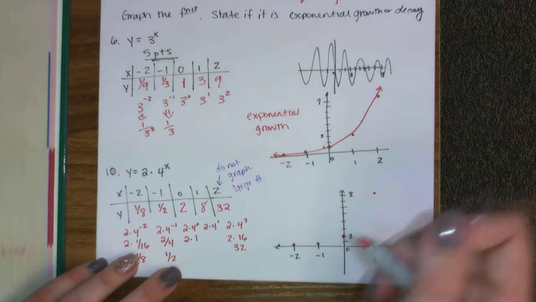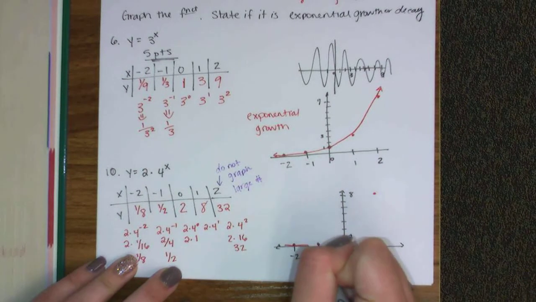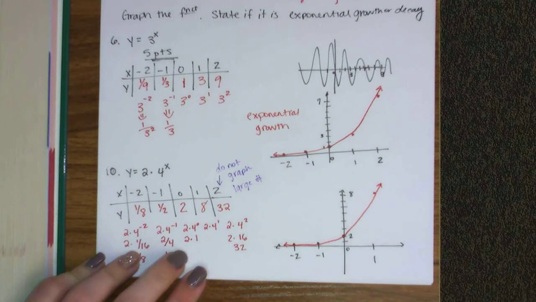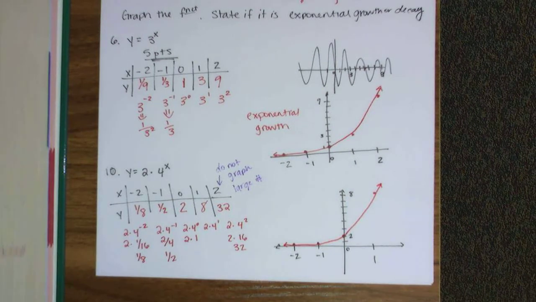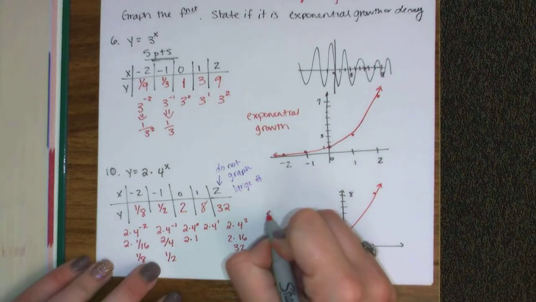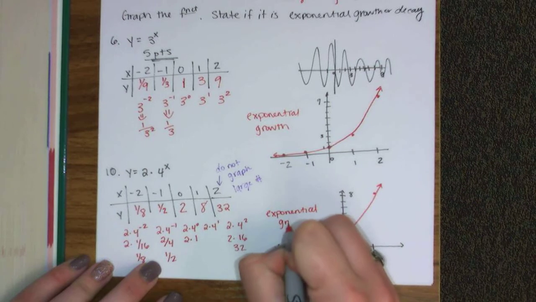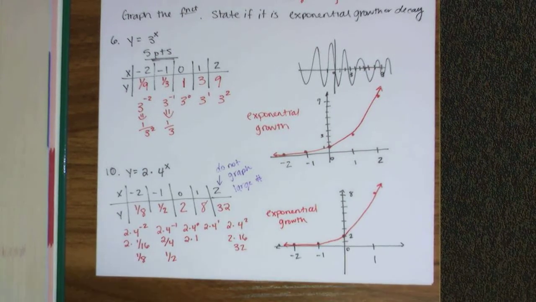Alright, so now let's look at the next section. So that was 7.1 technically. Okay, 7.2. We're going to jump in and look at the parent function for that one here in just 1 second.